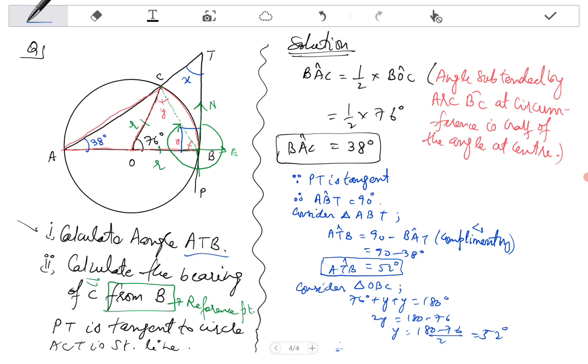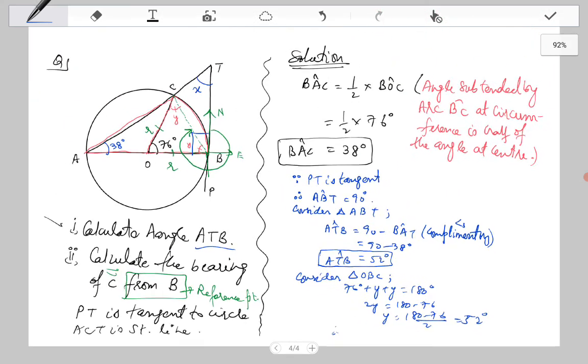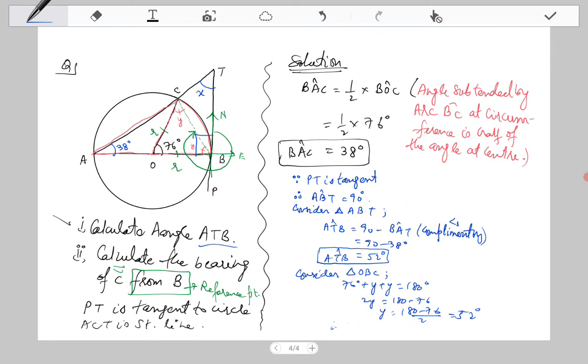Therefore, I can write the bearing of C from B equals, this is 270 degrees, 90, 90, 90, 270 plus 52. 270 plus 52 equals 322 degrees.